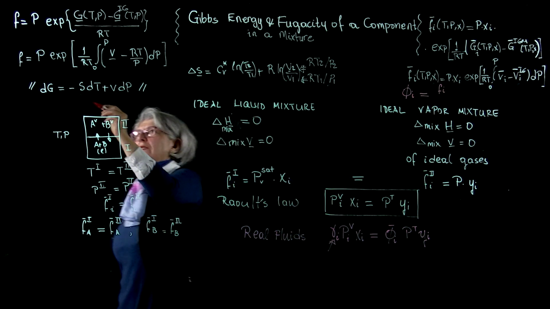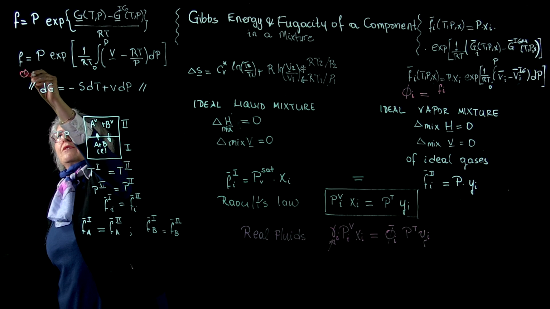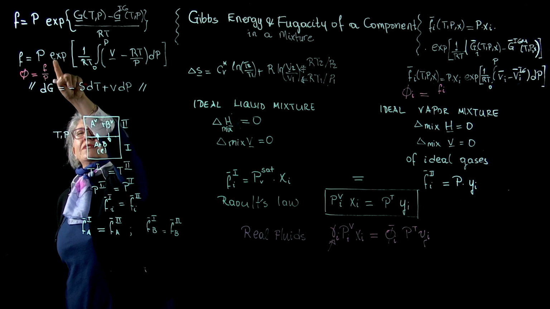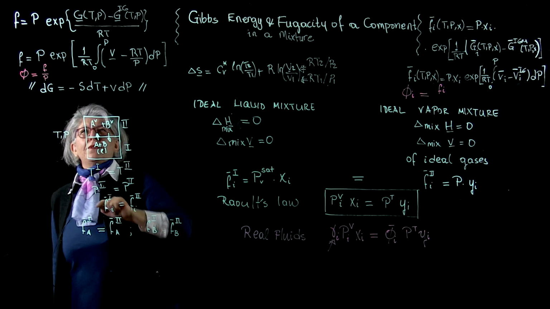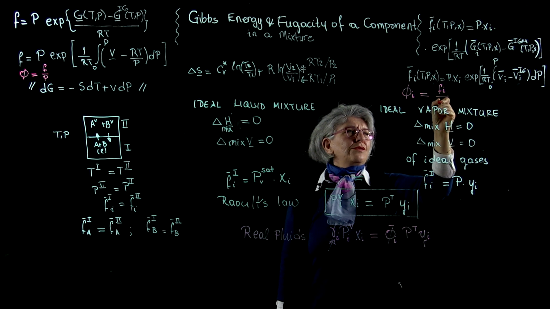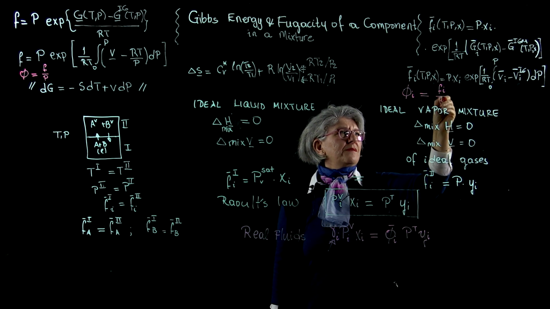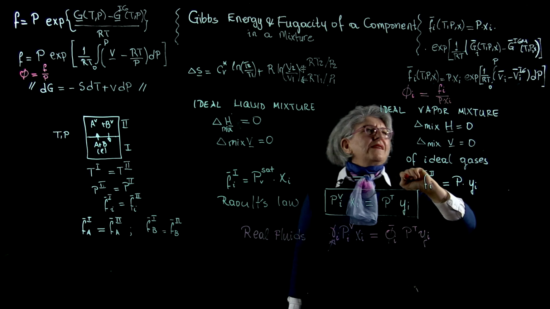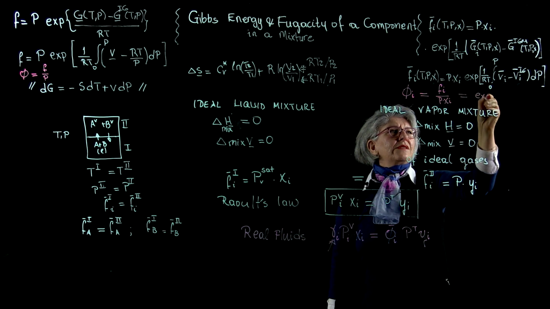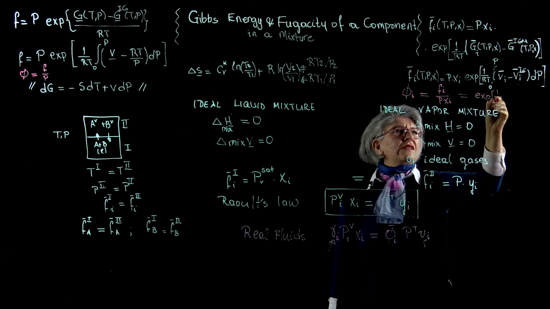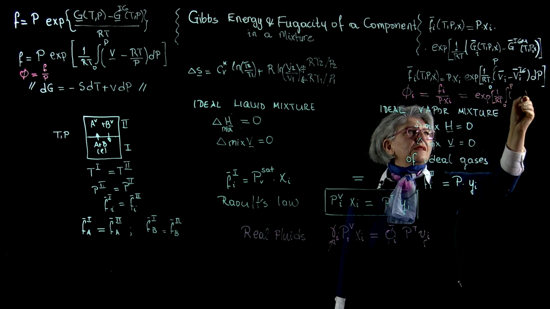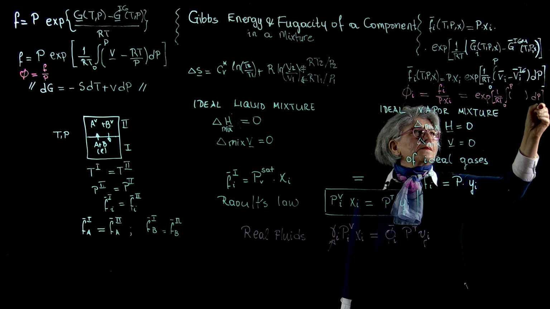Let's start from here. The fugacity coefficient was equal to f over P, which was this group of equations, and fugacity of component i is going to be equal to phi i times P times xi. All right, and it is equal to exponential 1 over RT integral from 0 to P dP. All right?